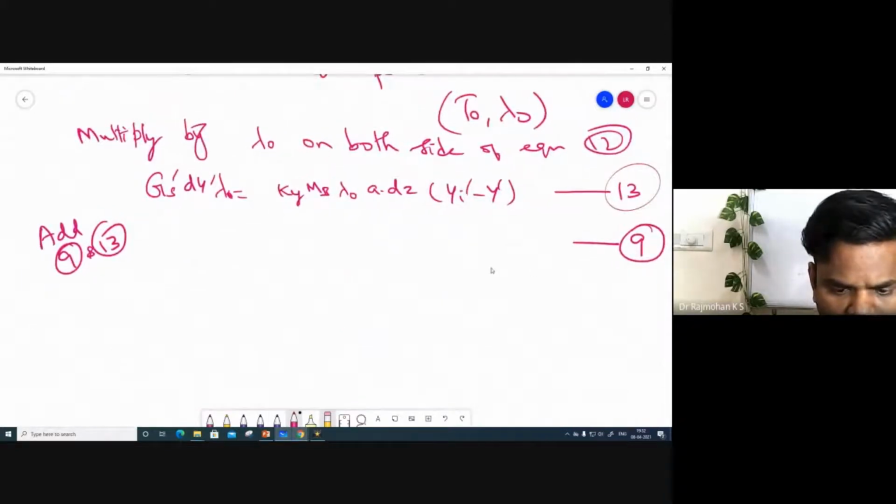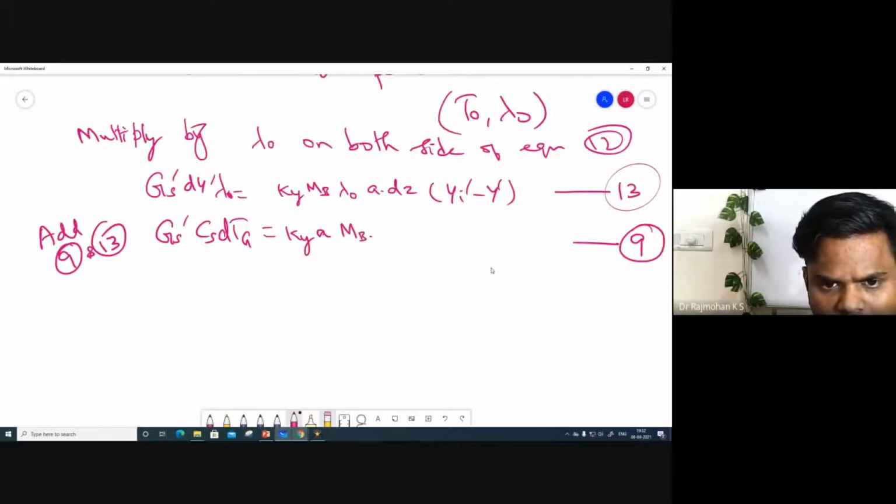Rewrite that equation number 9: Gs' Cs dTg is equal to ky mB Cs a dz into (Ti minus Tg).